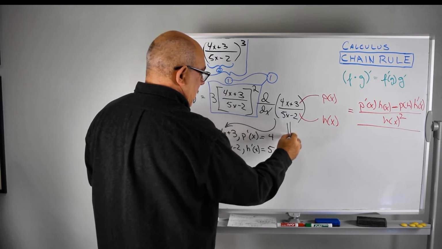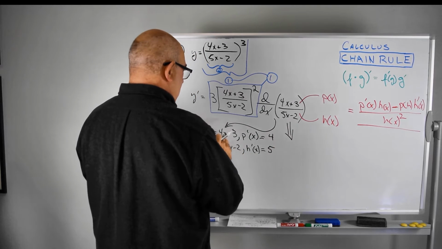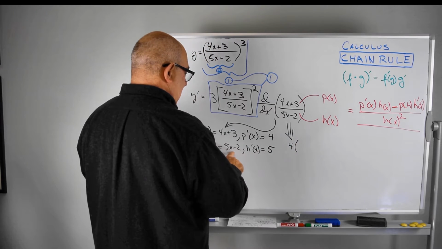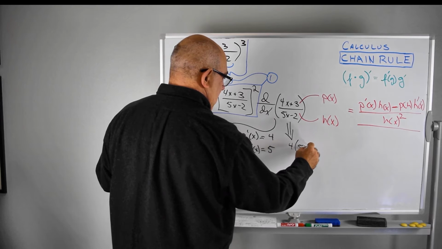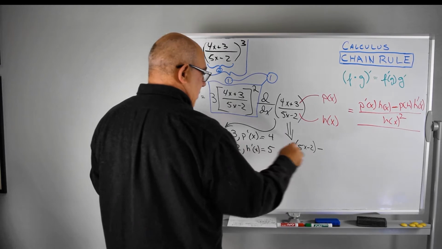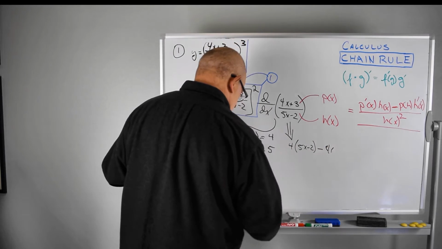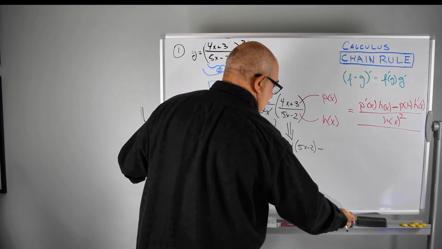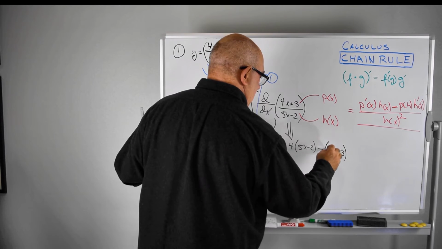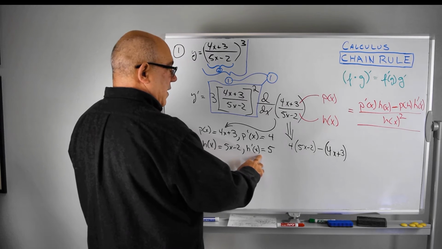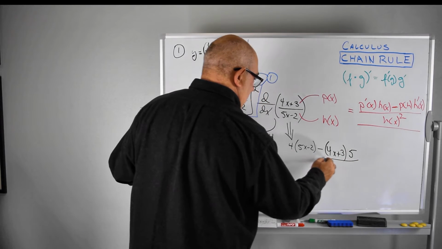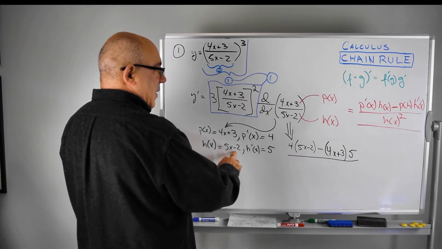If we take this down here, we get the derivative of p of x, which is 4, times h of x, which is 5x minus 2, minus 4x plus 3, which is p of x, times the derivative of h of x, which is 5. And that is all over 5x minus 2 squared.